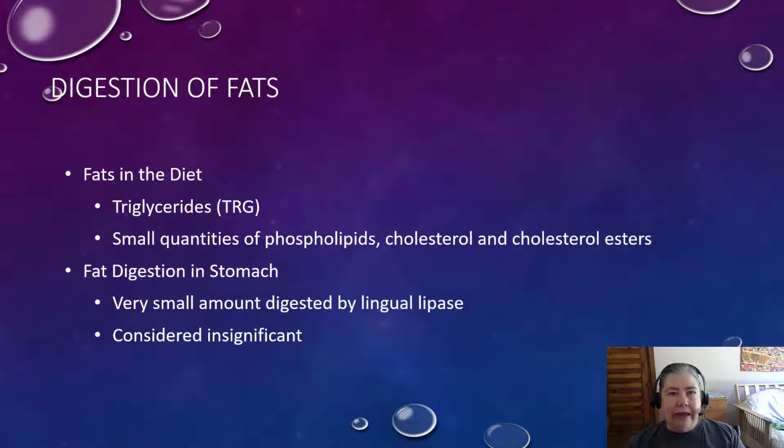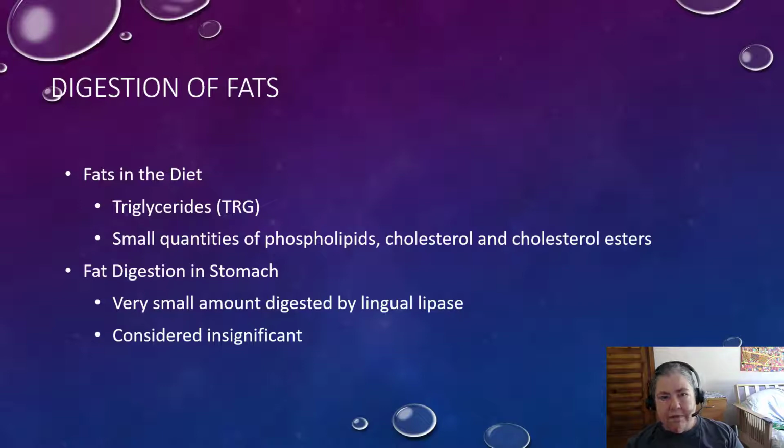And then fat. The fat that we eat in our diet consists primarily of triglycerides, though there are also small quantities of phospholipids and cholesterol esters. In the stomach, a little bit of digestion of fat occurs, but just a little bit, because there is lingual lipase.